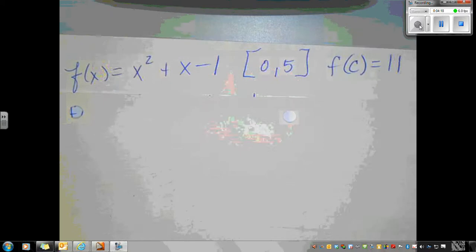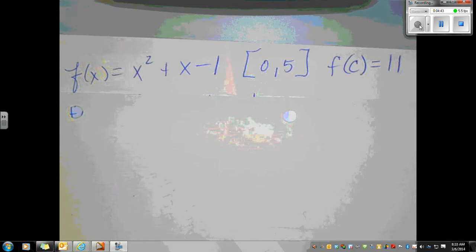Okay, well, step 1 of this, this is the intermediate value theorem. They're saying somewhere along the line, in between 0 and 5, there was a k value of 11. And they want to know what c made that happen in between 0 and 5.